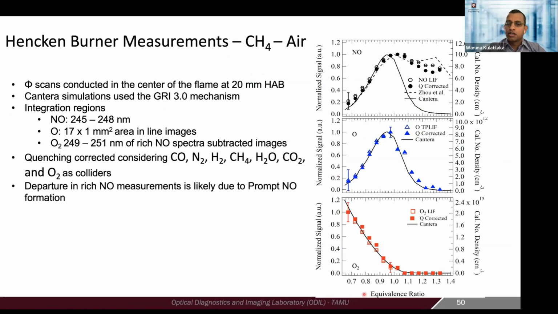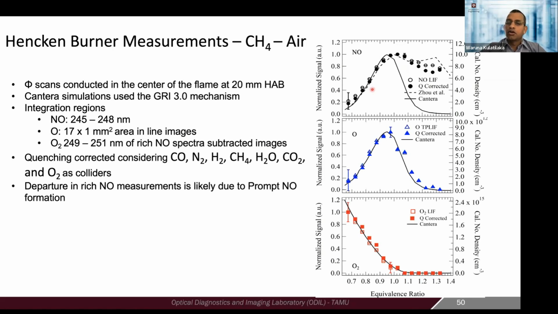What is shown in here is the three LIF signals, NO, O, and O2, as a function of equivalence ratio, compared with the Cantera calculations. In this one, you see the peak O-atom signal at a slightly stoichiometric or slightly rich flame, and then the O2 goes down as the flame gets richer and richer, with no excess oxygen.